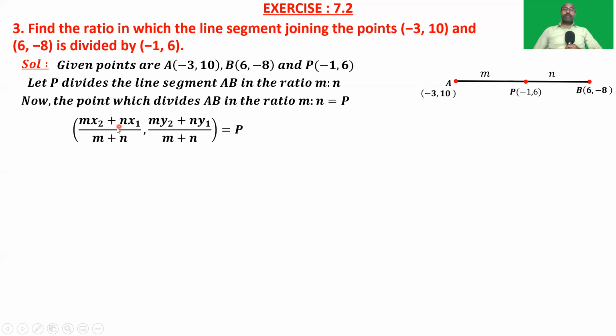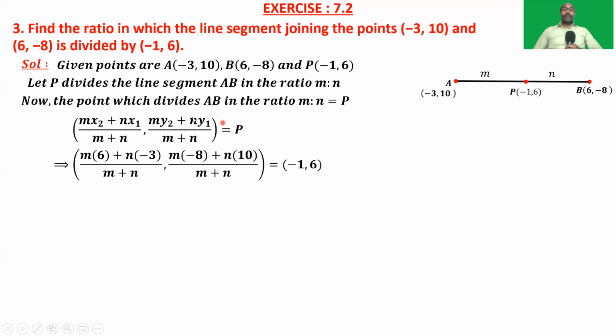Now substitute x1, y1, x2, y2, m, n in this section formula. So m into x2 is 6 plus n into x1 is -3. Similarly, m into y2 is -8 plus n into y1 is 10, by m plus n, is equal to P, which is -1 comma 6.